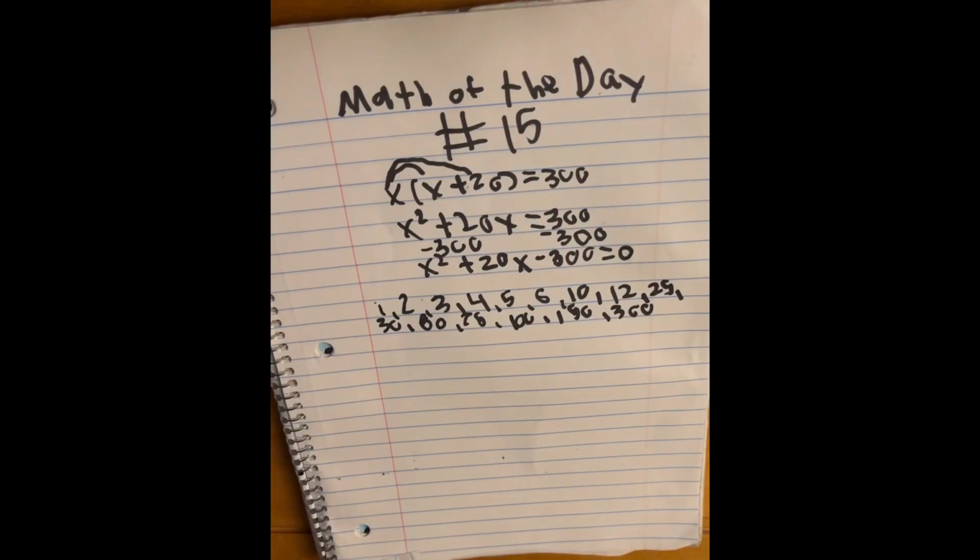So we need to find two numbers among this list, including their opposites, that add to 20 and multiply to negative 300.